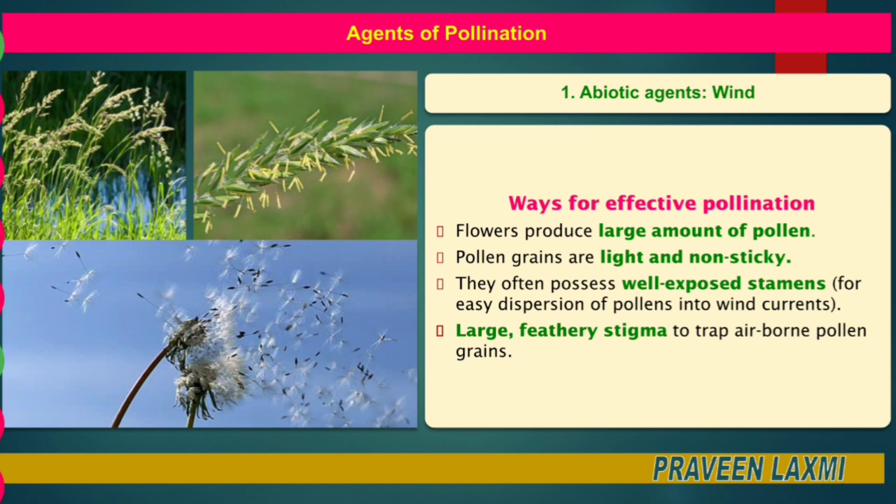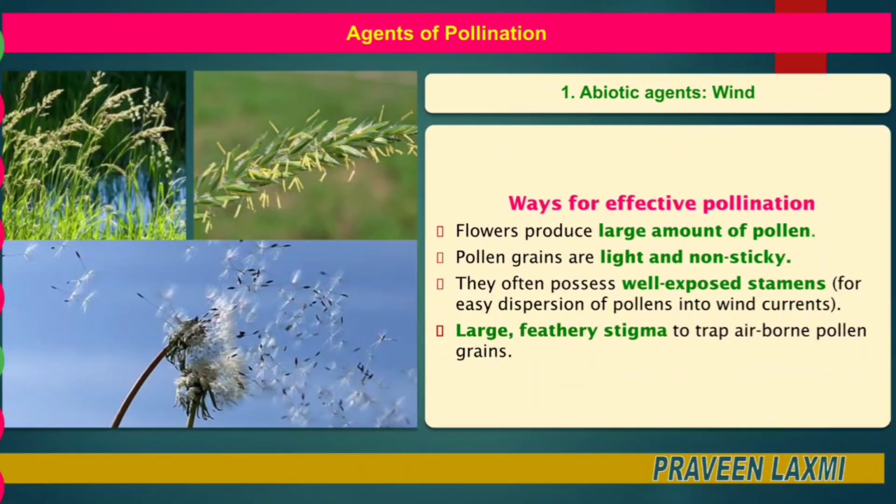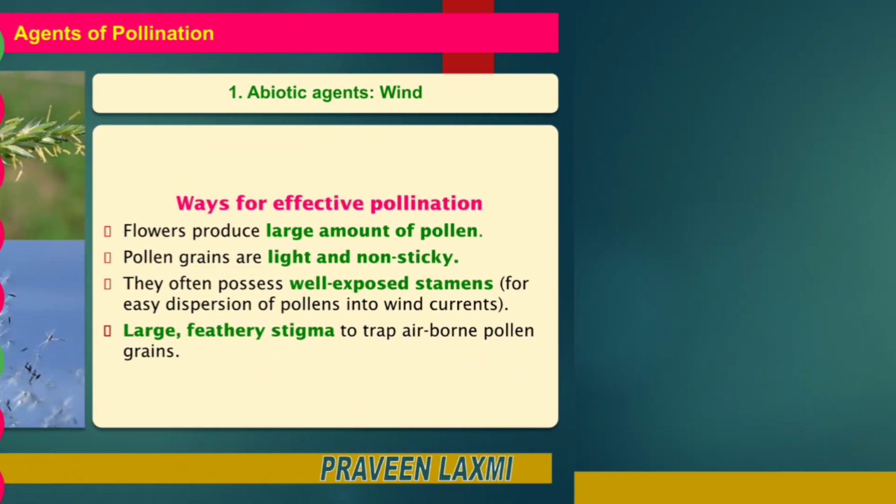It should be large and feathery. So these are some characteristics of the flower that is undergoing wind pollination. Once again, a small recall: it should have a large amount of pollen grain, light and non-sticky, well exposed stamens and a large feathery stigma to trap airborne pollen grains.